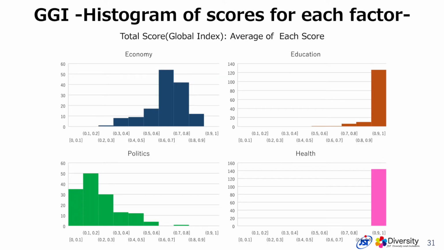And you may know this ranking is based on the average of scoring of 4 types: economy, politics, education, and health. But if we see the score in education and health, almost all of the countries have the same score. No deviation. And deviations are only for economy and politics.